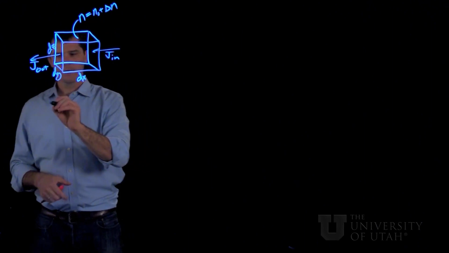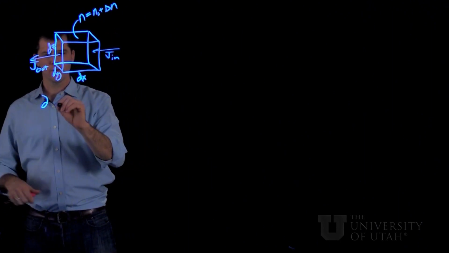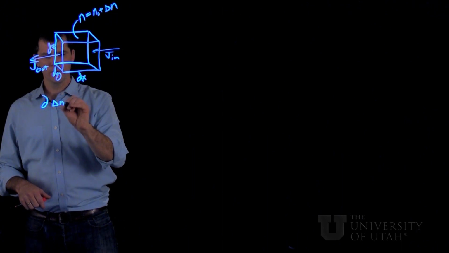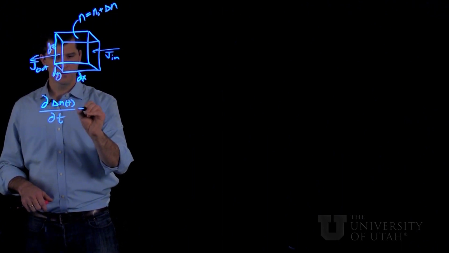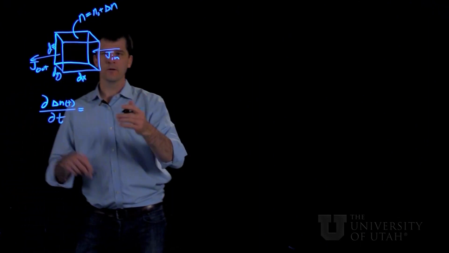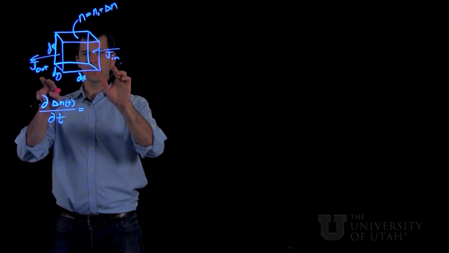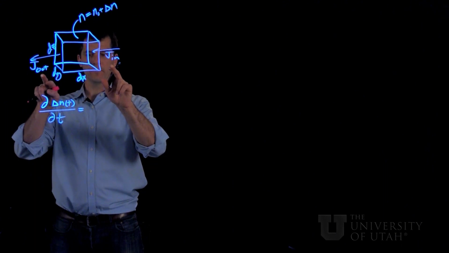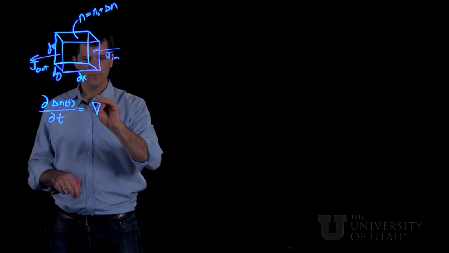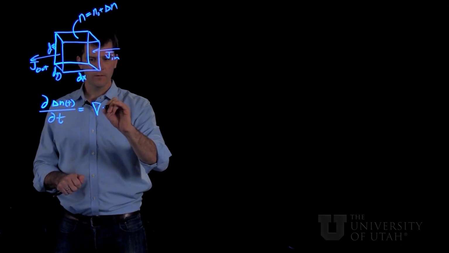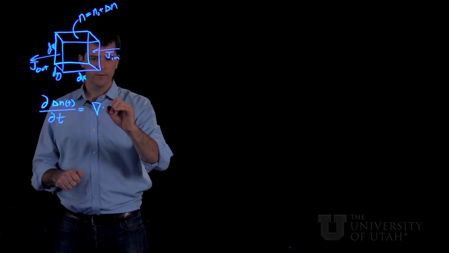And if the currents in are larger than the current out, we'll accumulate some carriers inside here. So we know that in this control volume here, there has to be a term proportional to the difference of these 2 currents, which turns out to be the derivative of the currents, or the div of the vector currents.